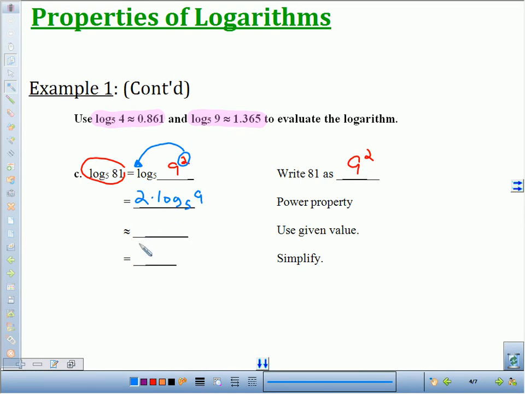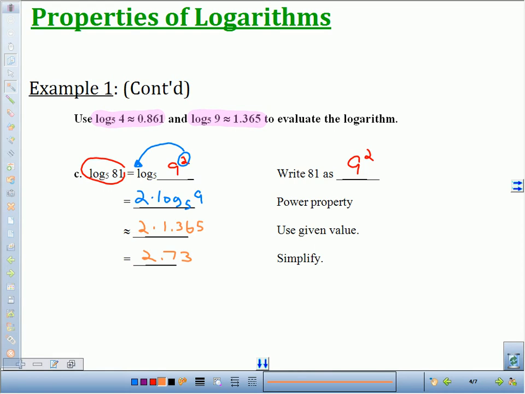I can substitute in my value, of course. I would get 2 times 1.365, which in any calculator would give me 2.73 as my answer.